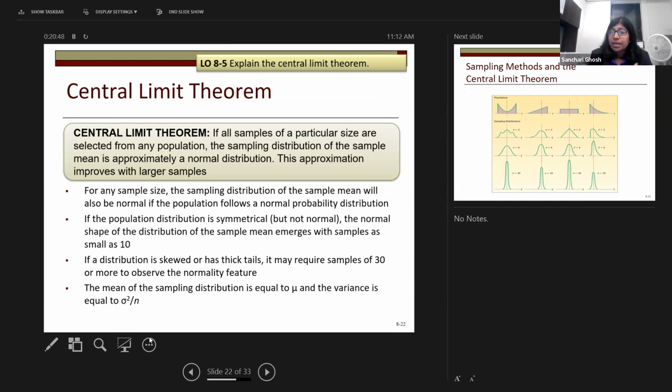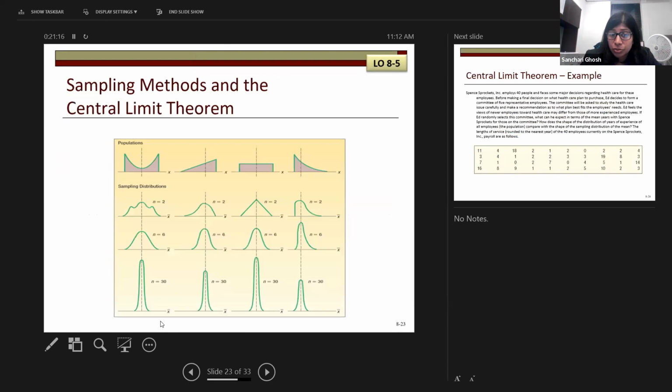So for example, if you take more and more samples from the population data, not just the 21 we took, but from a large population of thousands of people, like 500,000, and keep on taking hundreds of samples from there. Statistically it requires 30 samples or more, but I would say take 50 or more, go bigger and bigger, and the distribution of your sample means would start approximating a normal distribution.